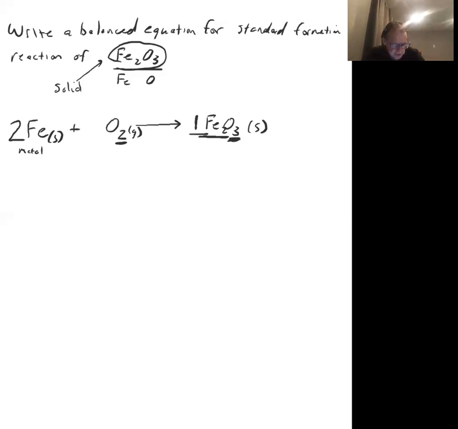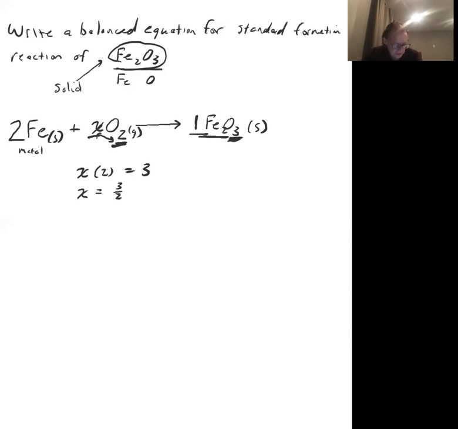So here's what I'm going to do. I'm going to write an X here. And let's figure out how to deal with this. The total number of oxygens on the left side is X times 2, right? This times that. That's got to equal 3. So to figure out what X is, you just divide by 2.